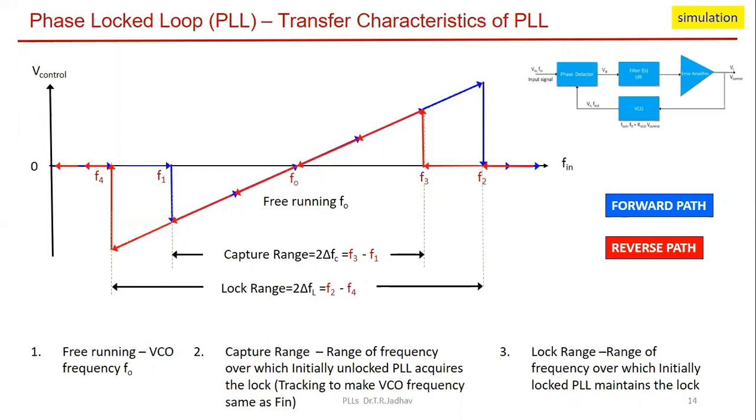Capture range and lock range are parameters which are IC dependent, PLL dependent, and they are always a function of F0. Later on, when we see the equations, the whole idea will be very clear. So: free running frequency, capture range, and lock range. Hope you have understood the concepts of these three parameters.